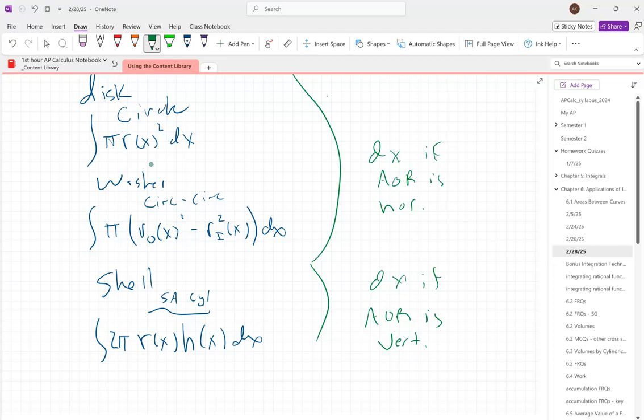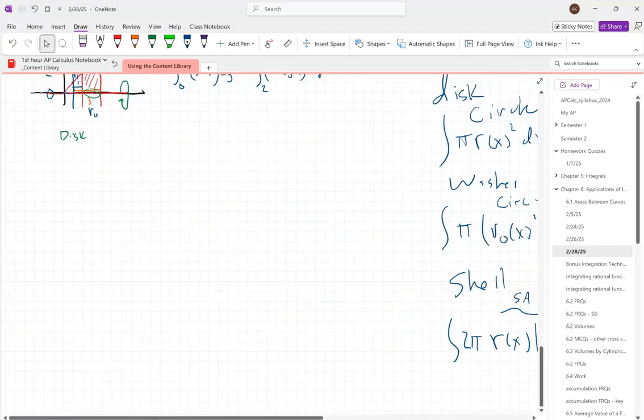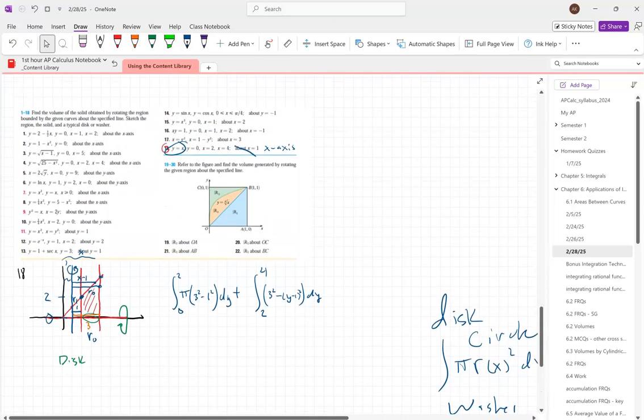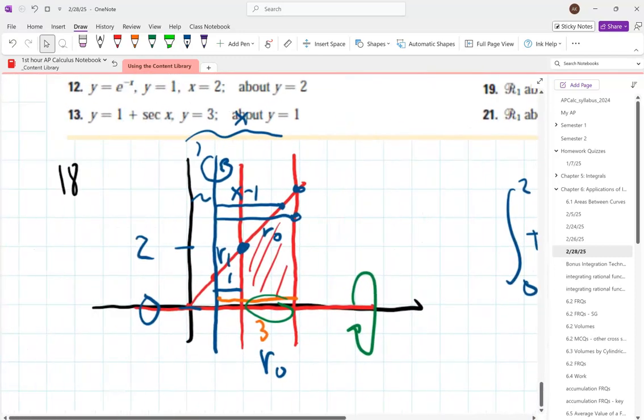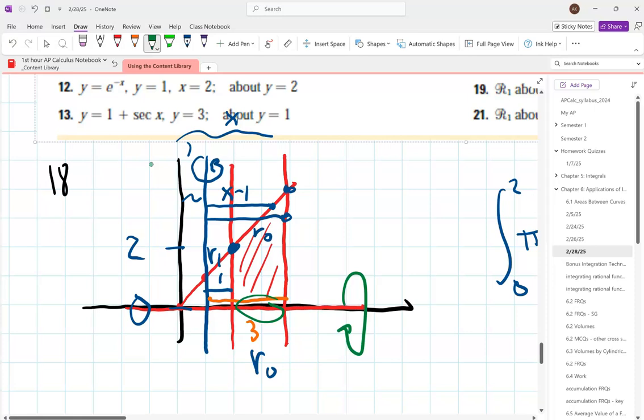Does that feel okay? So the way I usually think about it is just like when I'm drawing this, my radius that I'm drawing are just going to be, I'm going to be moving vertically. So I know it's going to be dy. If I was going this way, like when I draw this, my radii are moving left to right, so it should be dx.